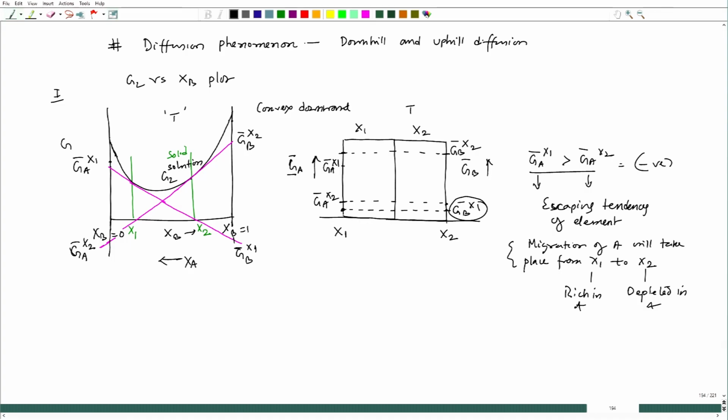As per the diffusion concept, diffusion happens from higher concentration to lower concentration. Here exactly that is happening. From the phase with higher concentration of A, A is moving towards the phase of lower composition. This is typical, since A migrates from higher concentration to lower concentration. This is nothing but diffusion, and this is called downhill diffusion.